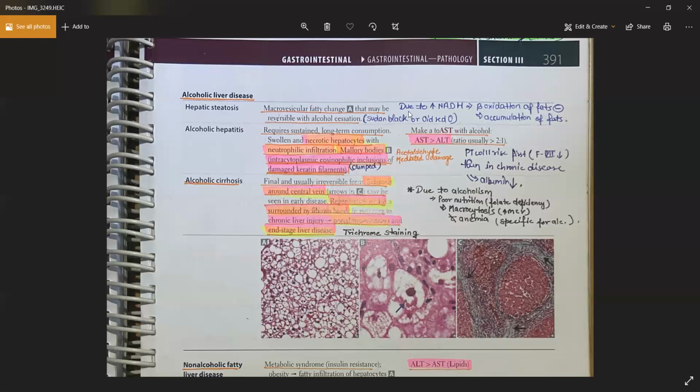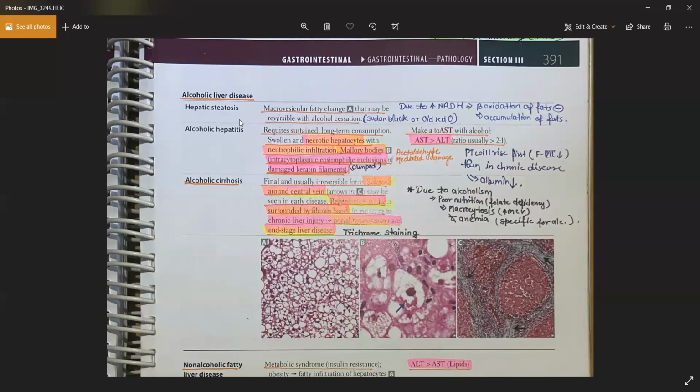If you remember from malabsorption syndromes, we discussed Sudan staining for fat. Remember? Yes. So you can do Sudan staining for the fats. Because of high NADH levels, you will have inhibition of beta oxidation and high triglyceride production that can lead to hepatic steatosis.